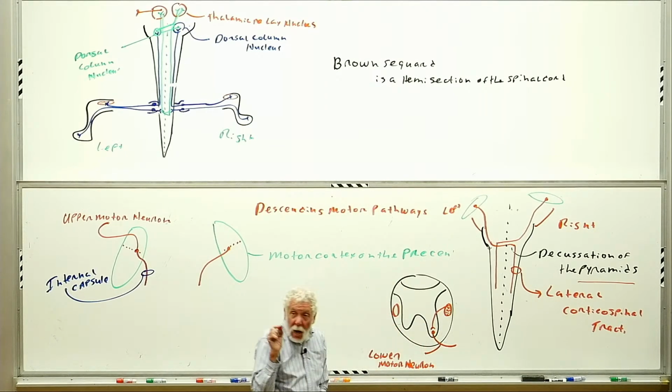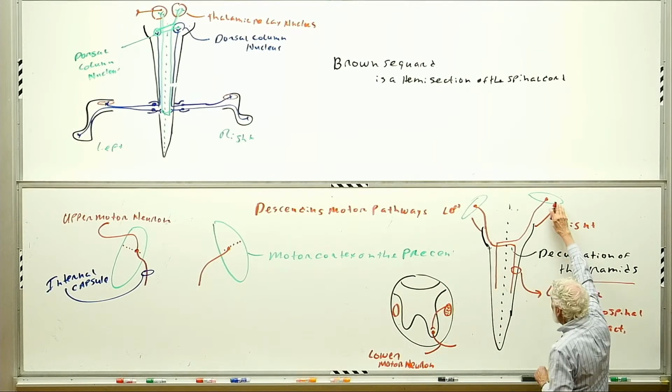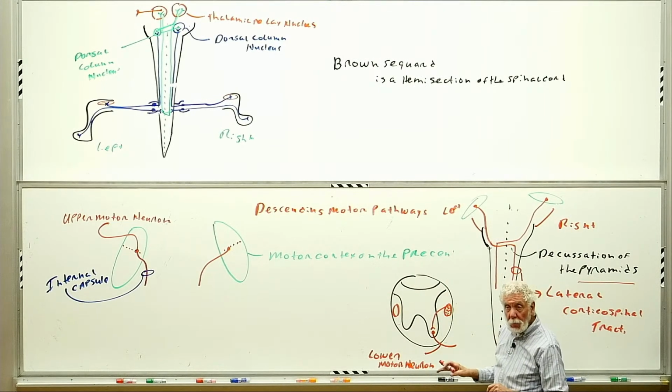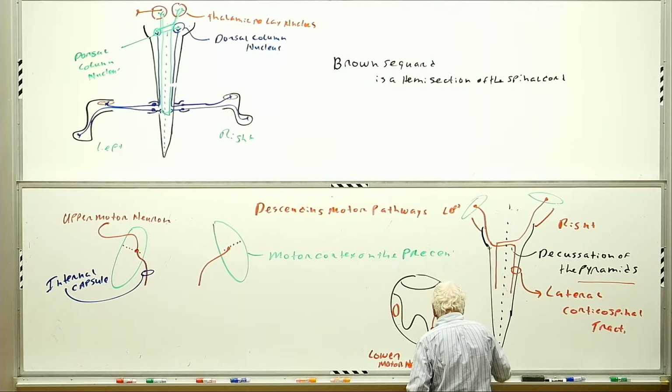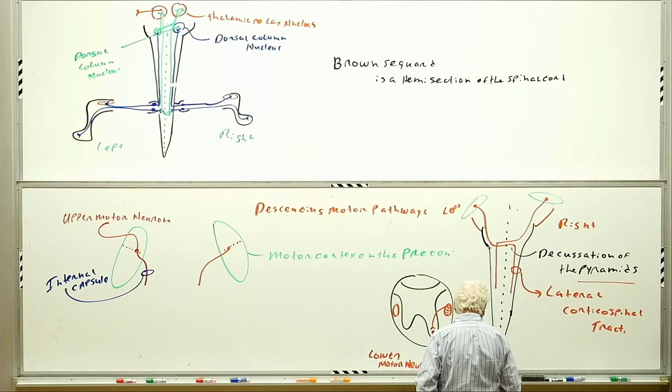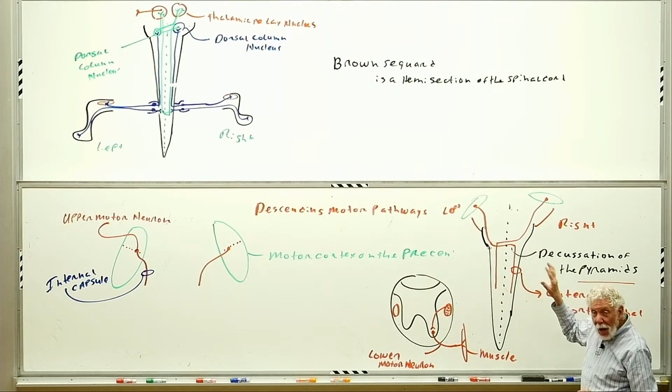So again, this is a monosynaptic pathway. It's a monosynaptic pathway that connects directly from the upper motor neuron to the lower motor neuron. And this lower motor neuron now, as we've seen before, is going to go out and innervate muscle. So that's the overall pattern.